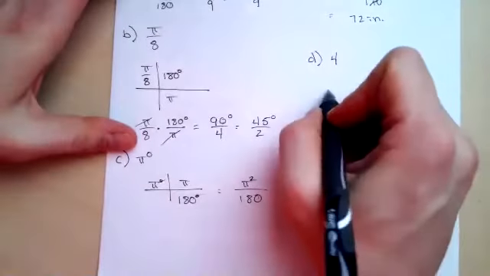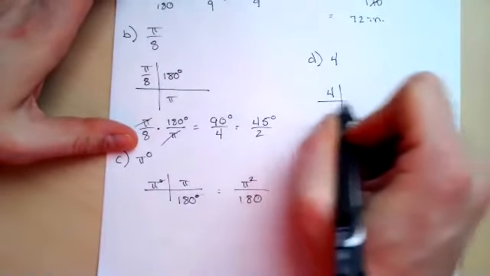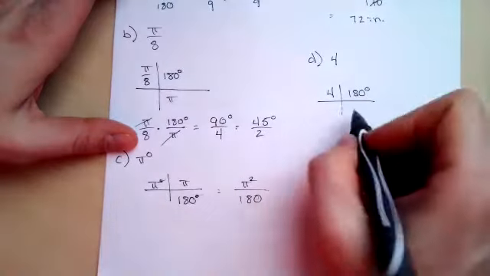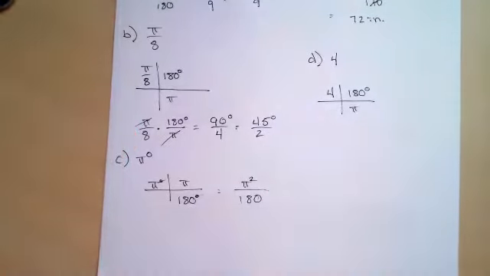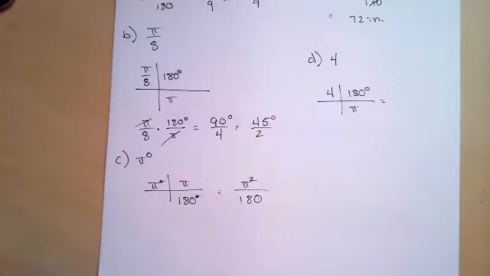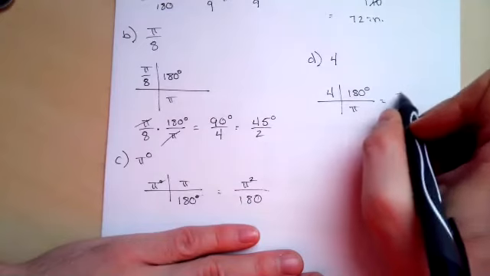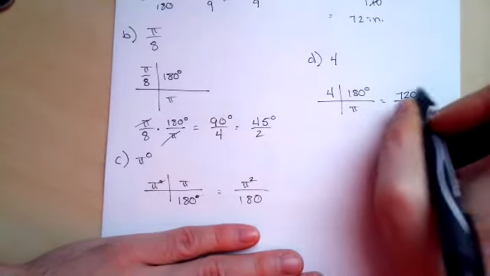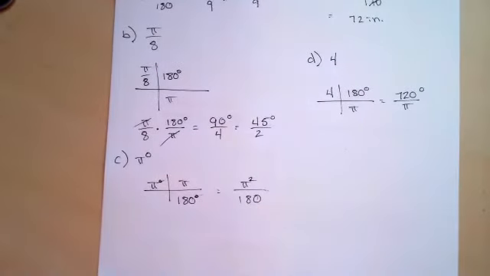So if it's 4 radians and we want to convert it to degrees, we need degrees, so we'll put that in our numerator, our 180 degrees. Put the other side of the conversion factor, pi radians, in the denominator, and then multiply everything straight across. So 4 times 180, that gives 720 over pi degrees.